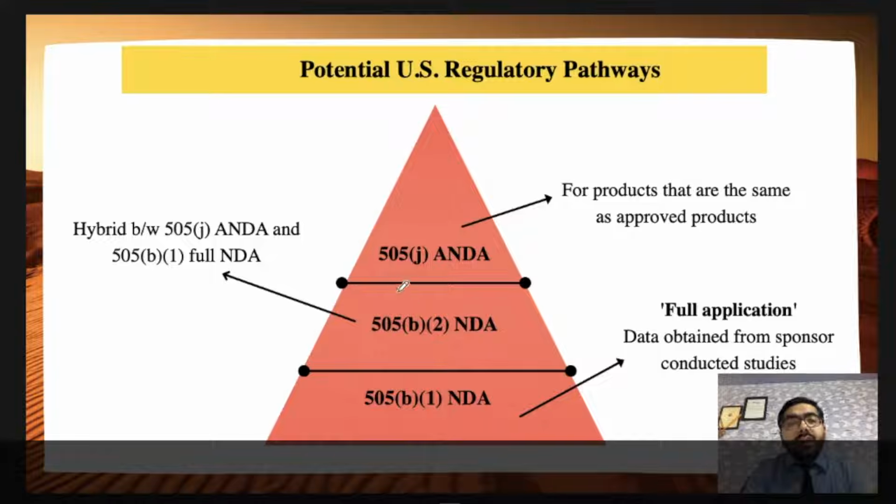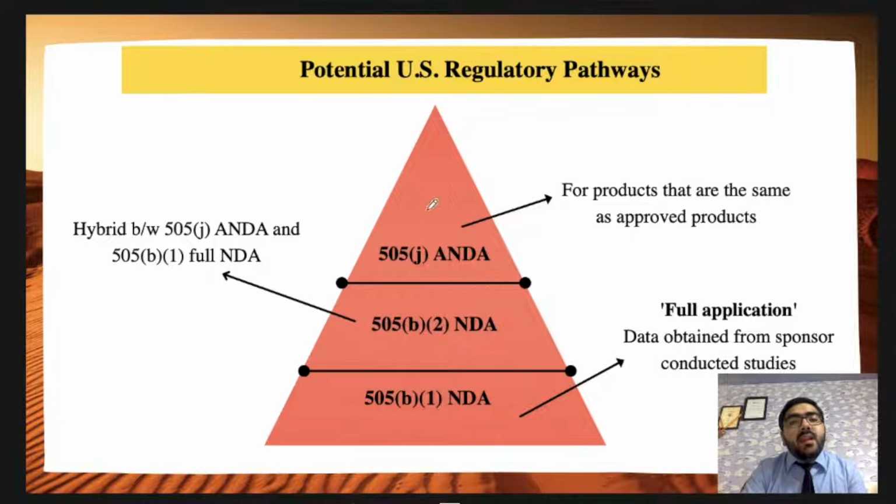So what is 505(j) ANDA? 505(j) ANDA is basically for products that are the same as approved products. I already told you ANDA is basically for a generic drug product. This application is filed with FDA for products which are similar to products already approved in that particular country.